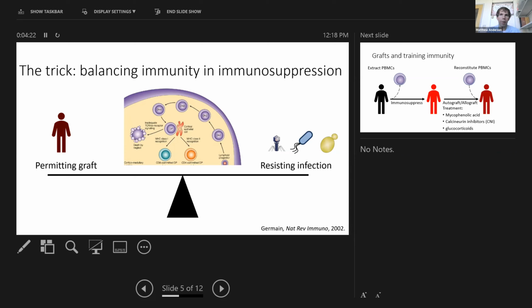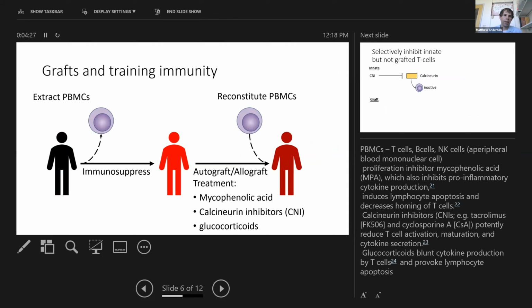The way that this is currently commonly done is by extracting PBMCs, so peripheral blood mononuclear cells. These are progenitors that are going to become T cells, B cells, and NK cells. You then can proliferate them and expose them to different drugs, things like mycophenolic acid, things like calcineurin inhibitors, and things like glucocorticoids that all suppress T cell activation.